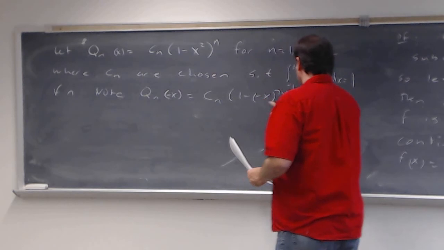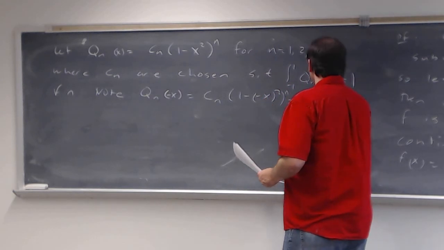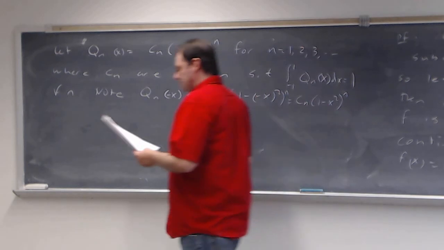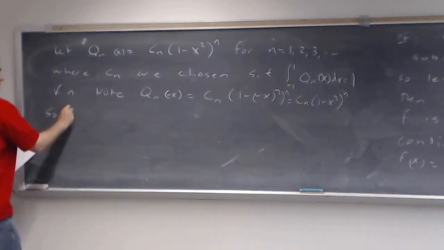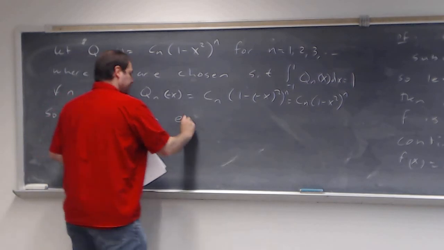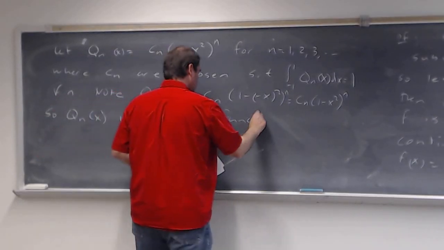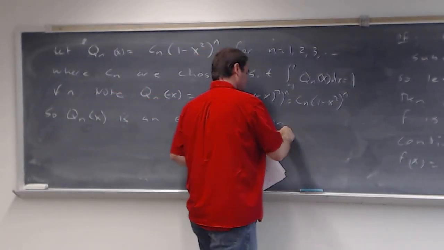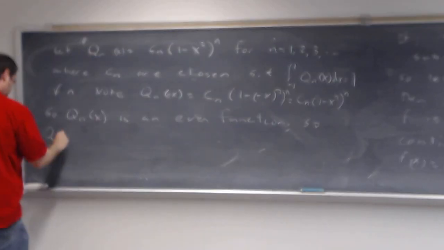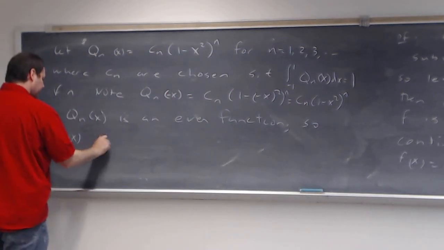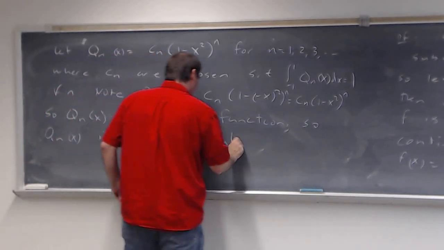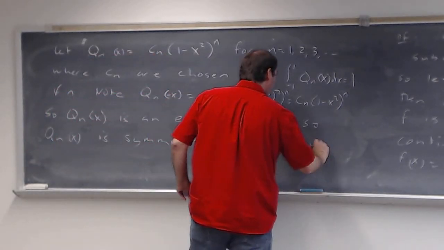I'm just using the definition here. But minus x squared is the same thing as x squared. And so what that shows is that q sub n of x is an even function, which means q sub n of x is symmetric about the y-axis.